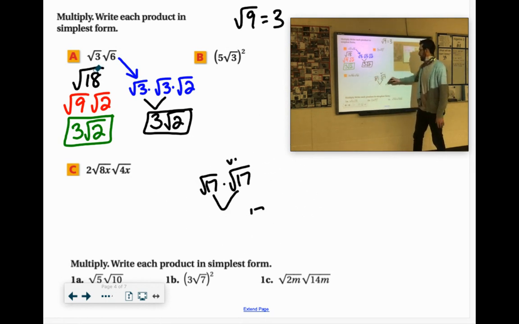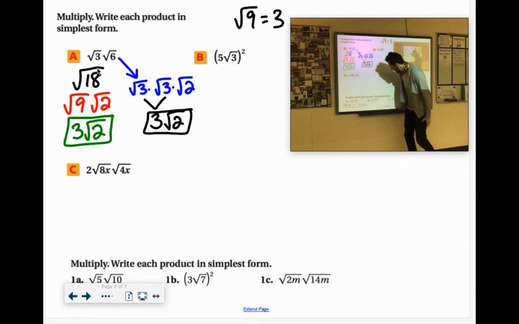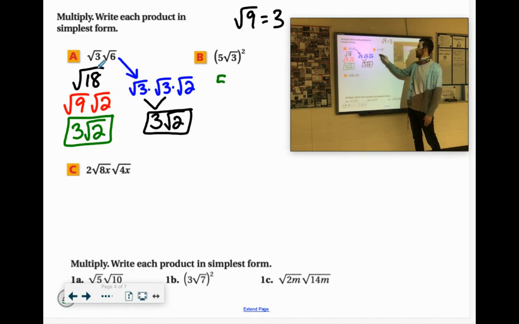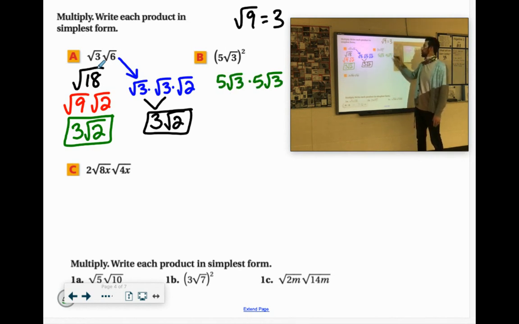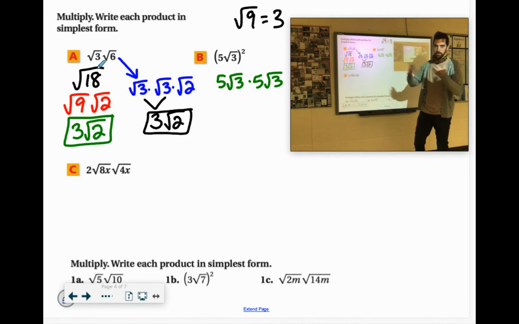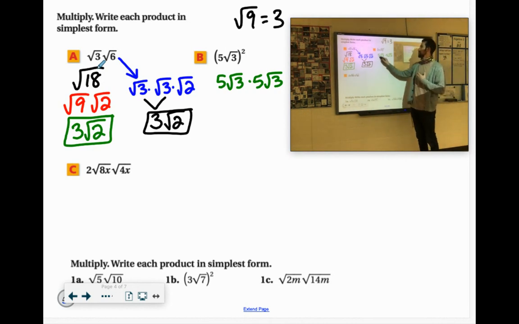It's just, it's nice. 5 root 3 squared really means 5 root 3 times 5 root 3. And when you multiply radicals, you can multiply the stuff on the outside, the stuff outside the radical, and you can multiply the stuff inside the radical. So outside, we have 5 times 5, which is 25.